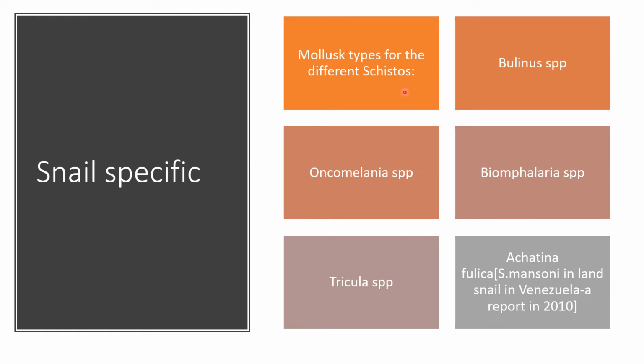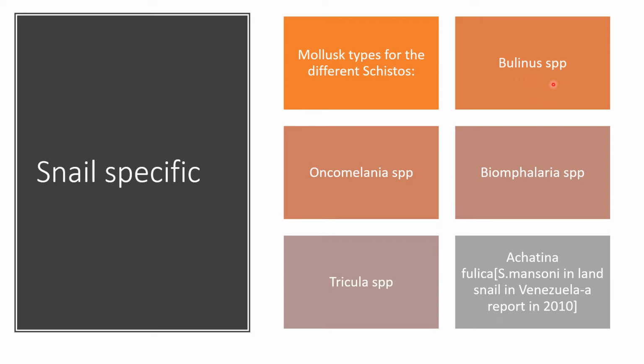Many particular genera of Schistosoma and species will be found in a particular mollusk. For example, Bulinus species, that's a mollusk, will be hosting Schistosoma haematobium and Schistosoma intercalatum.